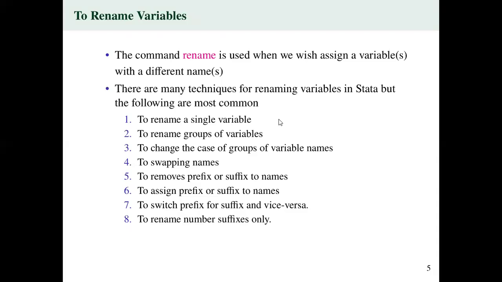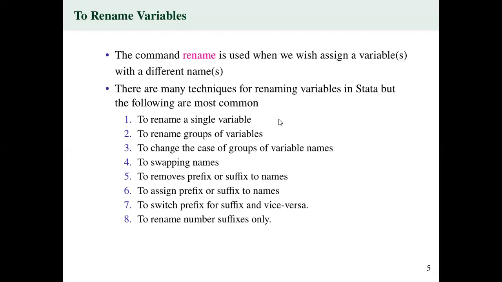Number one, you can just rename a single variable. This is the usual, common case. You can also rename a group of variables together. You can change the case of a group of variable names from lower to upper. You can also swap names. You can remove a prefix or suffix from names.